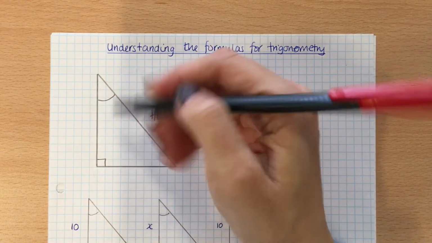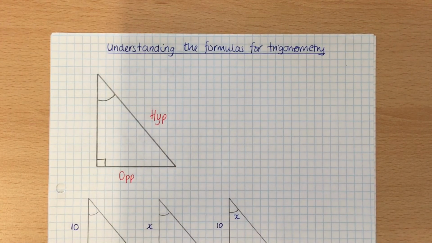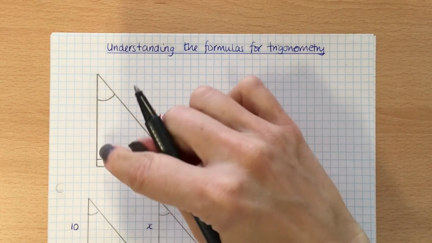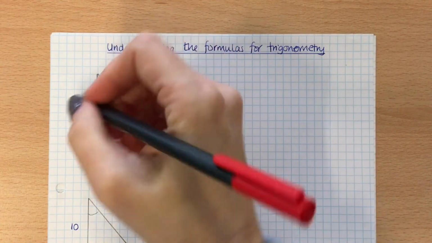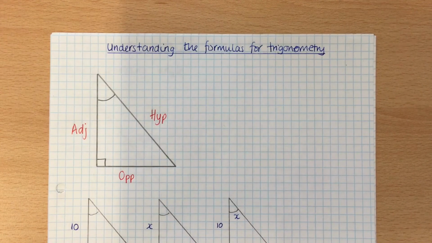So opposite this side, this would be opposite. And the adjacent side is the one that's trapped in between the right angle and the other angle. So this is adjacent. That's how we would label our sides first of all. I'm going to write some notes with these now, so you can jot them down as well if you want to.